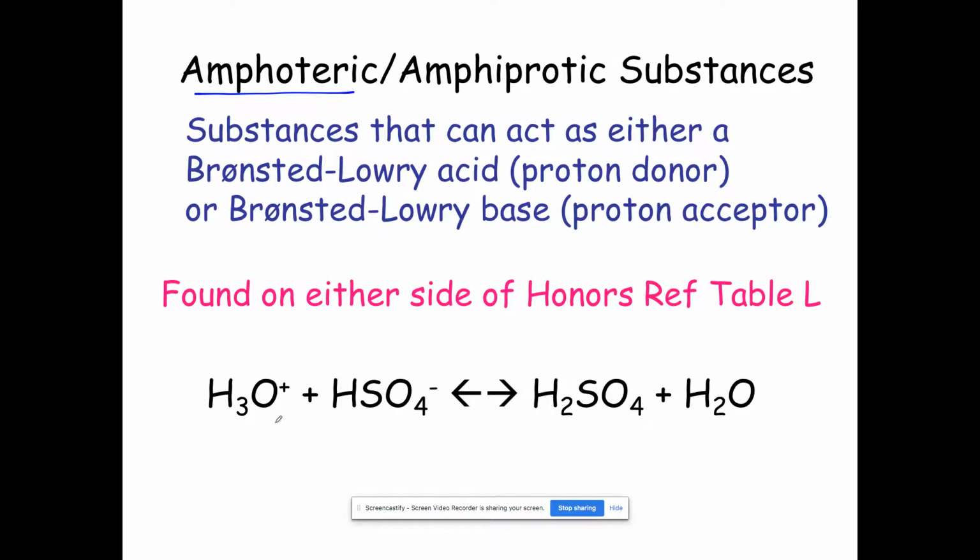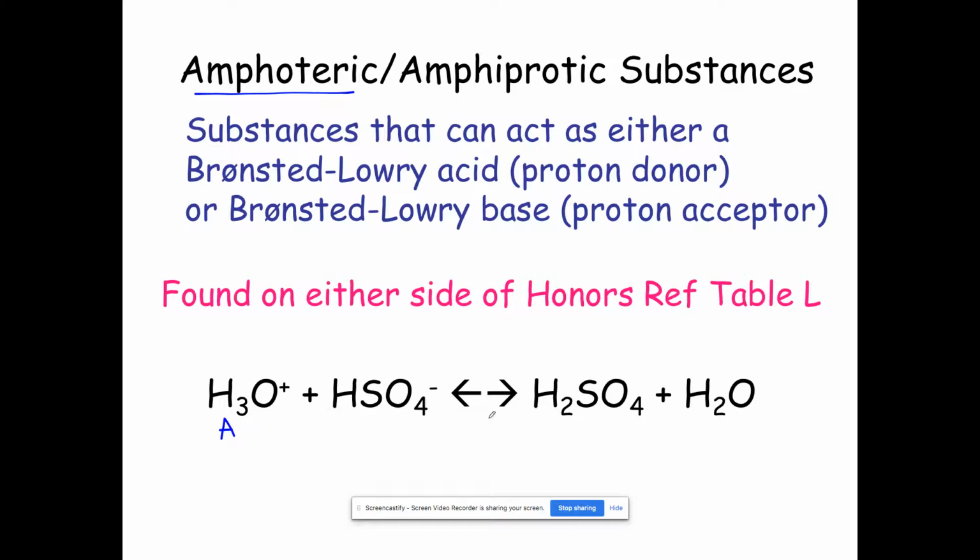So let's assign conjugate acid-base pairs using Bronsted-Lowry theory. So we have H3O plus here. Who looks sort of similar to that on the right side? H2O. Okay, so to go from H3O plus to H2O, looks like I've lost a proton. So this must make this a Bronsted-Lowry acid. HSO4 minus becomes H2SO4.